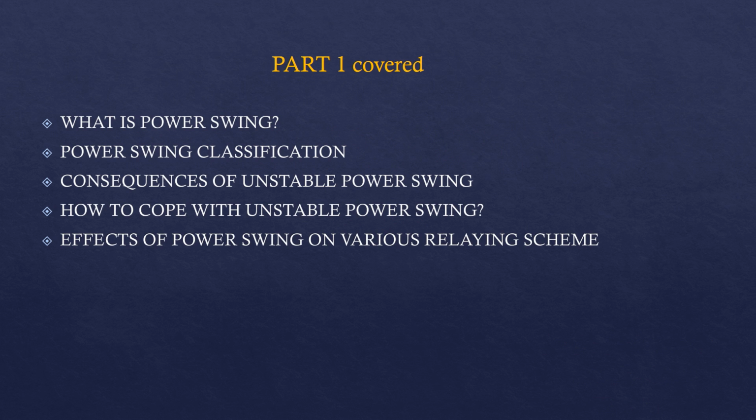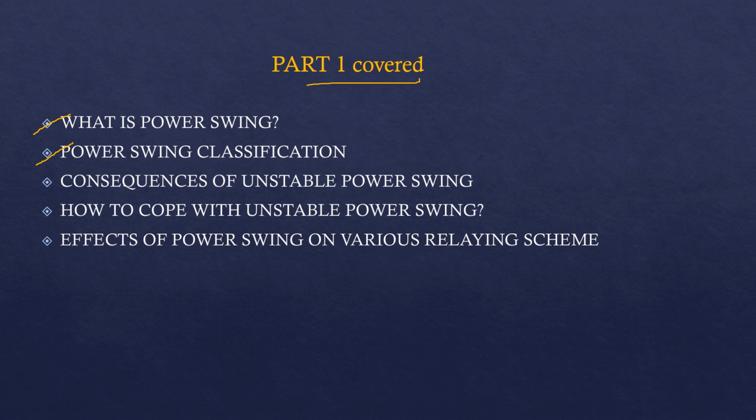Before starting part 3, let's have a quick review of what was covered in part 1. In part 1, we have covered the following topics like what is power swing and how it occurs, and the power swing classification into stable and unstable power swing.